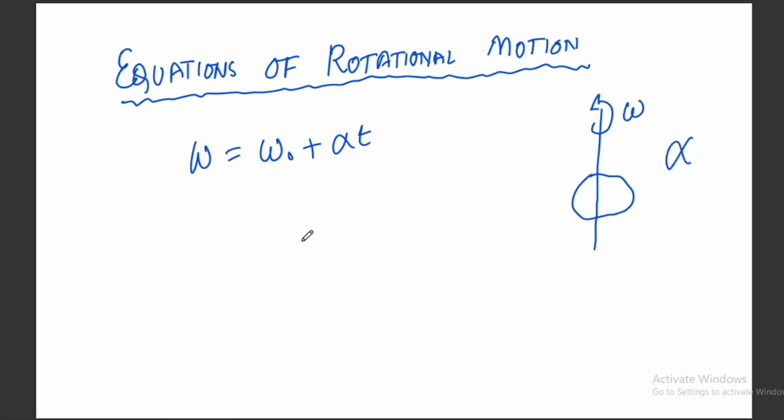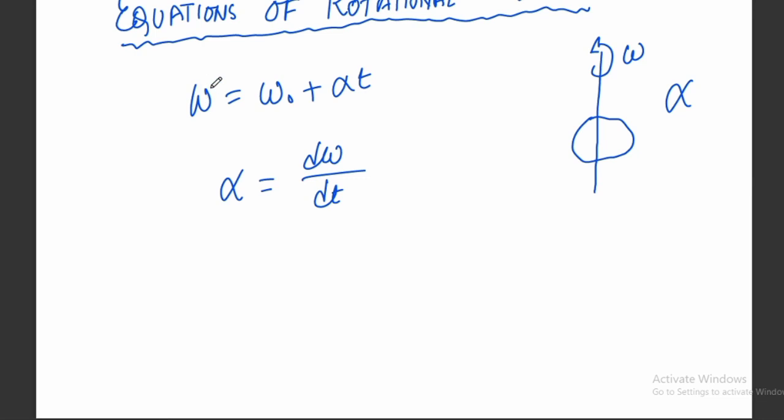By definition of instantaneous angular acceleration, we can write it as alpha equals d omega by dt. This is the instantaneous angular acceleration, and this is our change in angular velocity and change in time. In the next step, we can write it as d omega equals alpha dt.